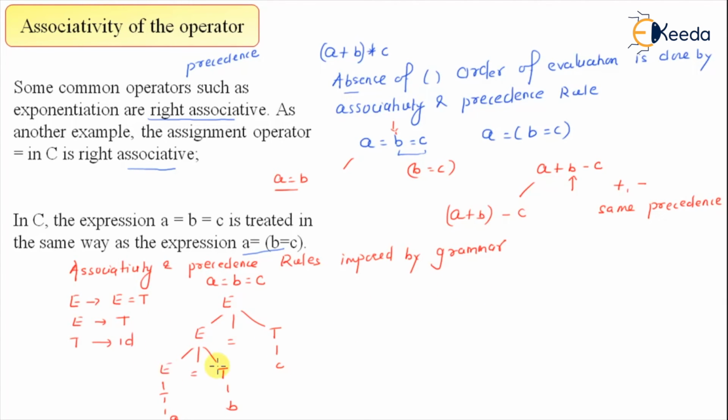Now in this parse tree, look at this part, B over here, the association of B. B is a part of this subtree.